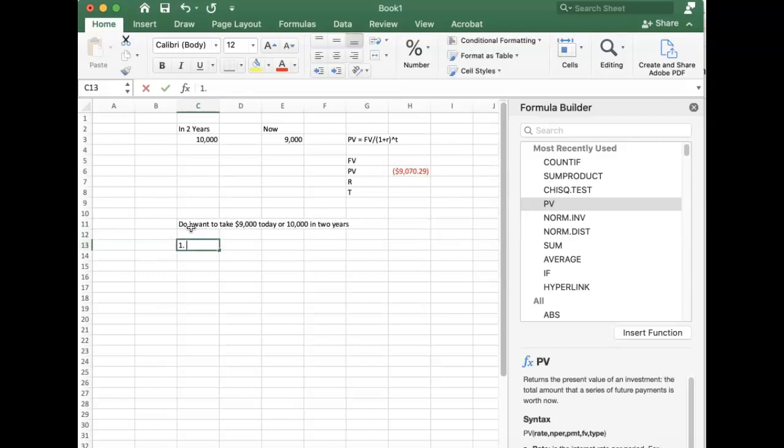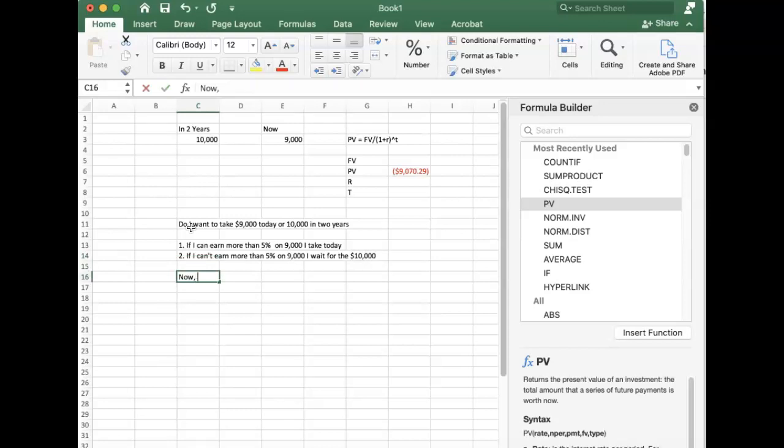Well, the answer is, if I can earn more than 5% on $9,000, I take it today. If I can't earn more than 5% on $9,000, I wait for the $10,000.